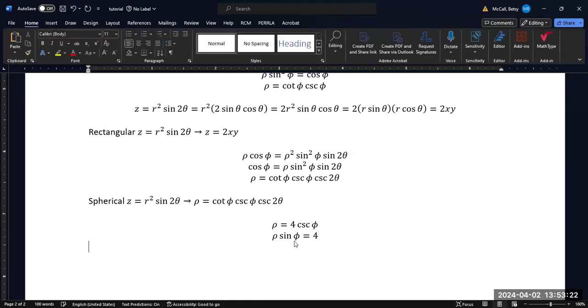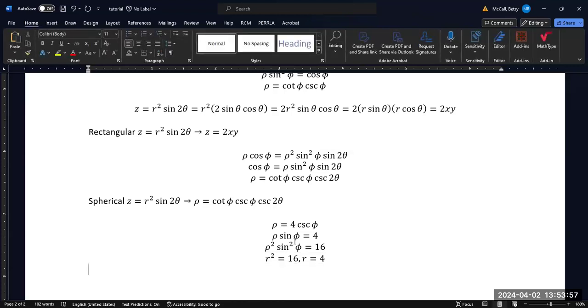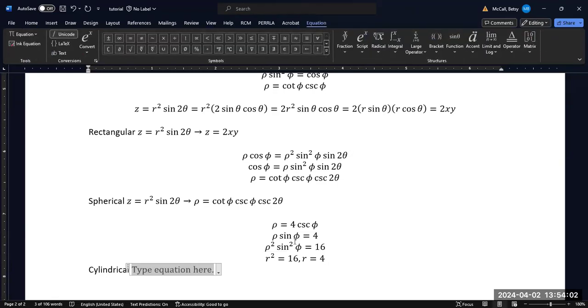So I'm going to square everything. Now we know that rho squared sine squared phi is equal to r squared, which means that in cylindrical, r is equal to 4. So this is actually just a cylinder in cylindrical coordinates. And since that was the easiest one to come up with, we'll just do that one first.